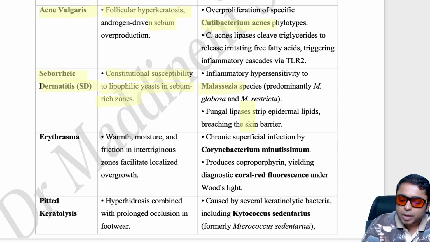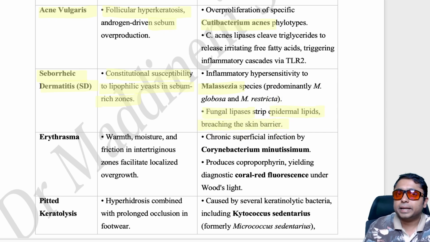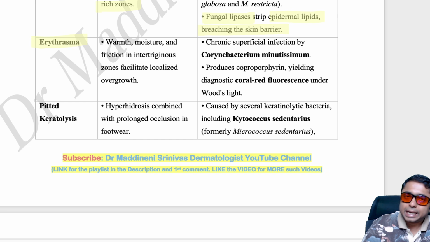The basic problem here is the fungal lipases are going to remove the lipids which are present in the epidermis, leading to a breach in the skin barrier, which is ultimately leading to the yellow greasy scale formation in the patients.